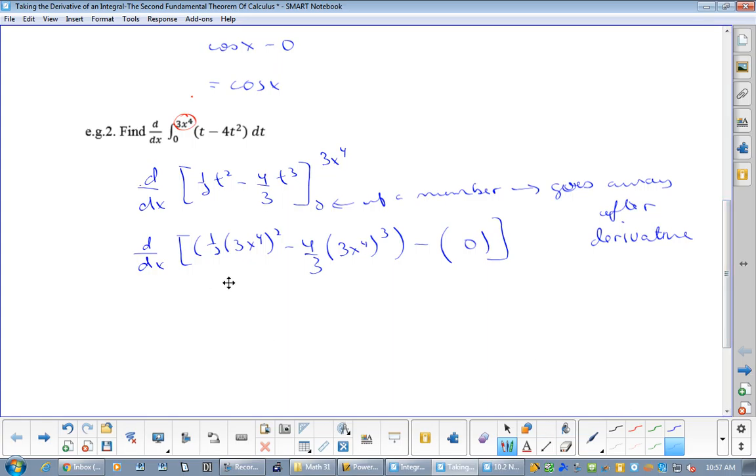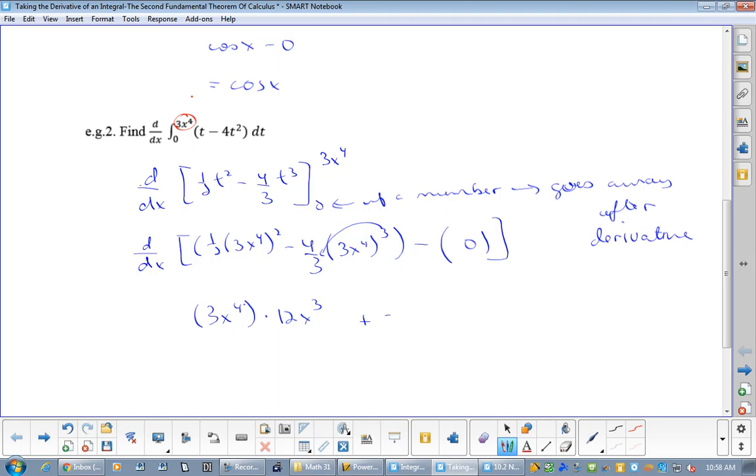So if I do the derivative of this now, everybody with me here? Everybody watching? This would be, the 2 comes down, correct? To be 3x to the 4, which would be like to the 1, correct, right? But what do we do? Doing the derivative, we'd have to do the chain rule. Plus the 3 would come down.